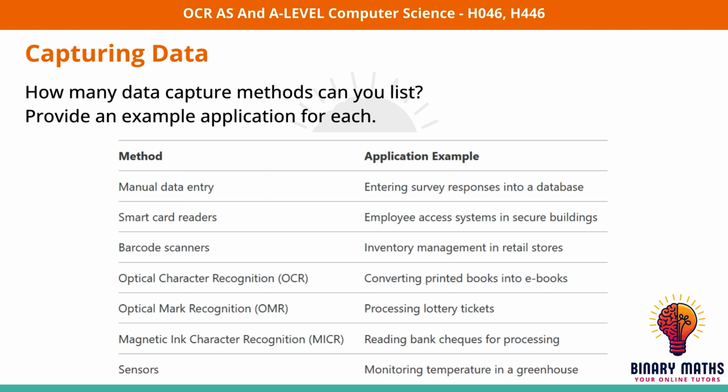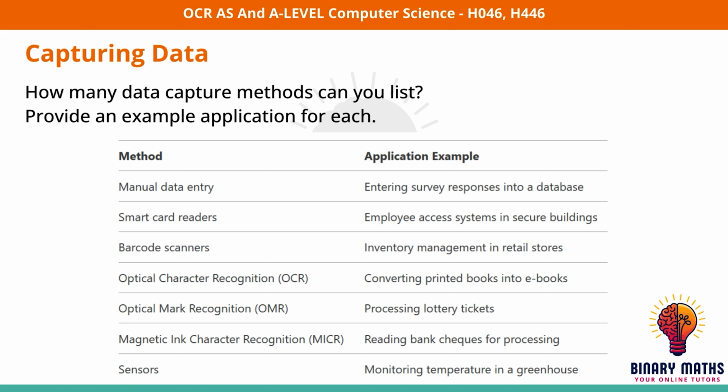Before data can be used, it needs to be captured. There are several ways to do this, and I've listed some examples here. For instance, manual data entry involves typing data from handwritten forms into a system. Think of a receptionist entering customer details from a sign-in sheet. On the other hand, automated methods are faster and more efficient.